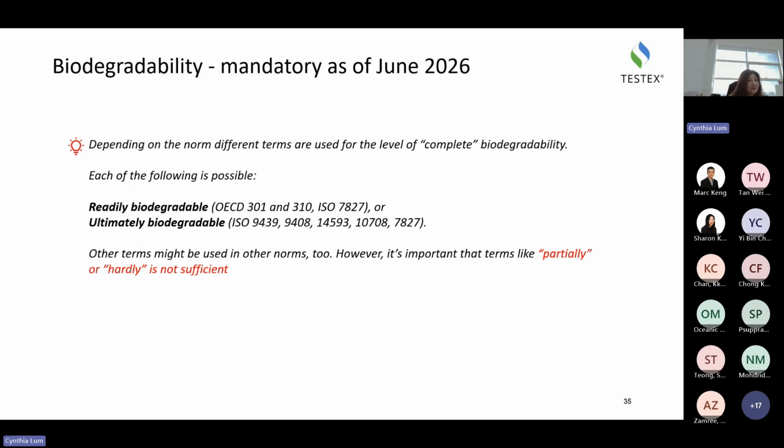Other terms might be used in other norms, but terms like partially or hardly are not sufficient. It is not acceptable to mean that the product is biodegradable.